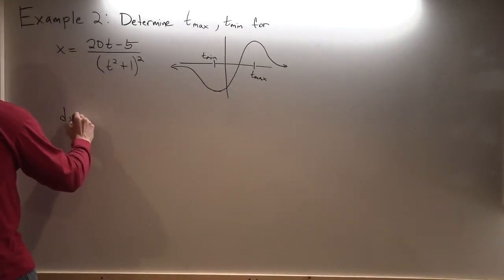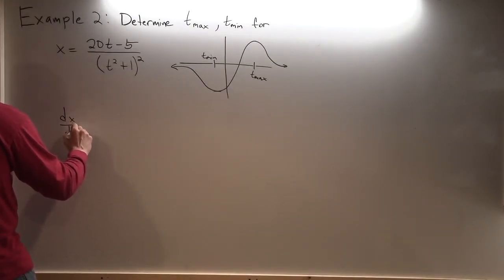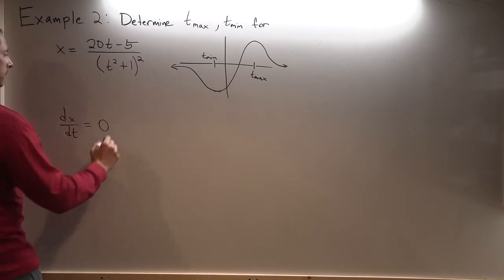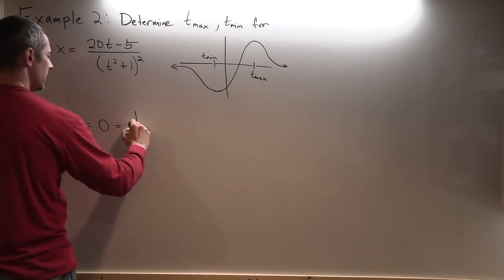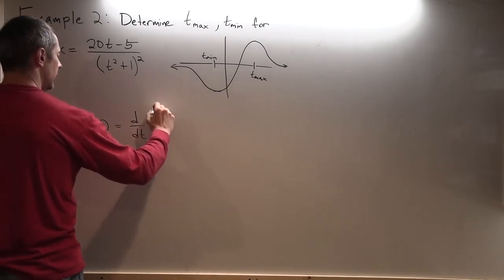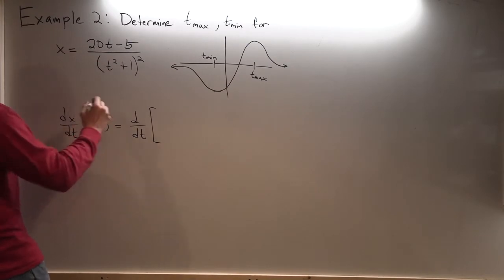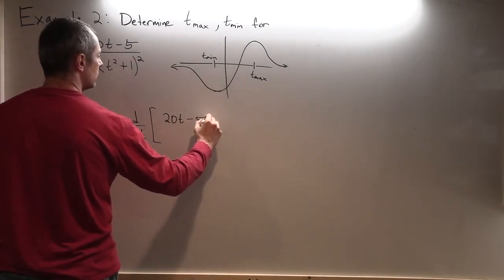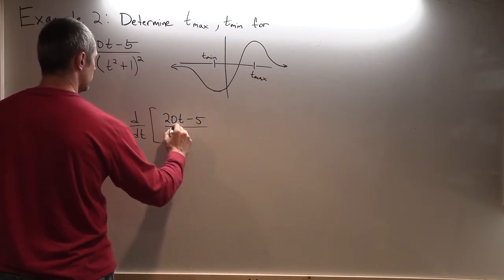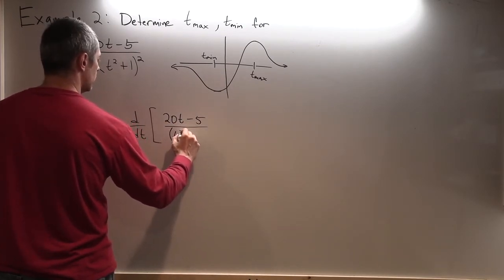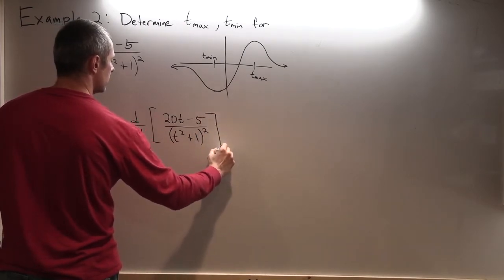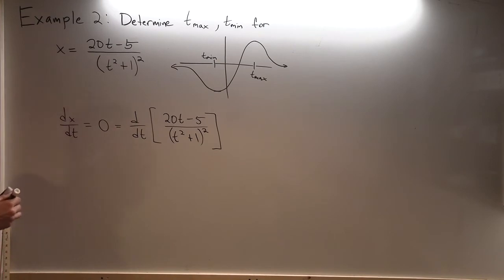So let's just move on to stating our main idea here, that this derivative of this function will be 0 at those 2 points. And so, plugging in the function into this idea, there.